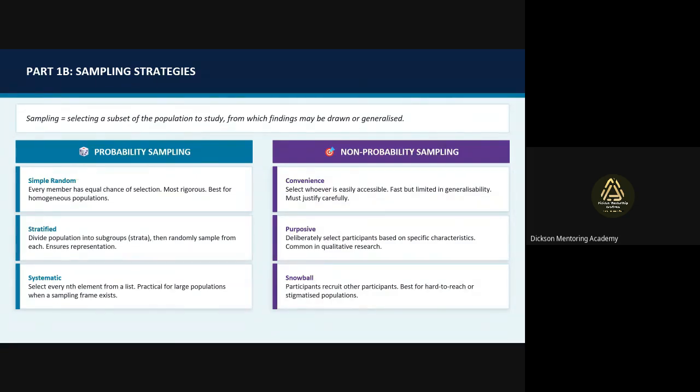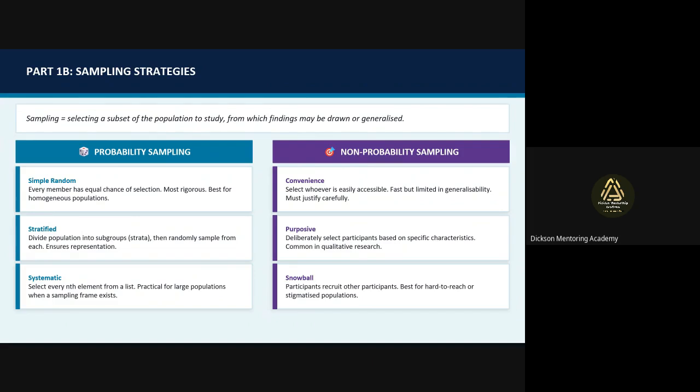Then snowball sampling. This is where participants refer to others. In a situation where it is difficult to recruit participants, let's say you want to do studies among people who are HIV positive, because of the stigma associated with it, not many people want to publicly declare they are HIV positive.